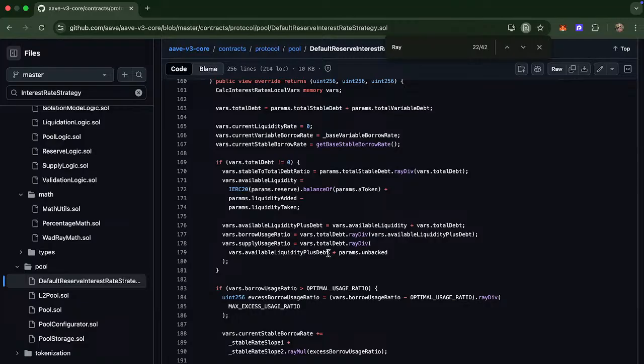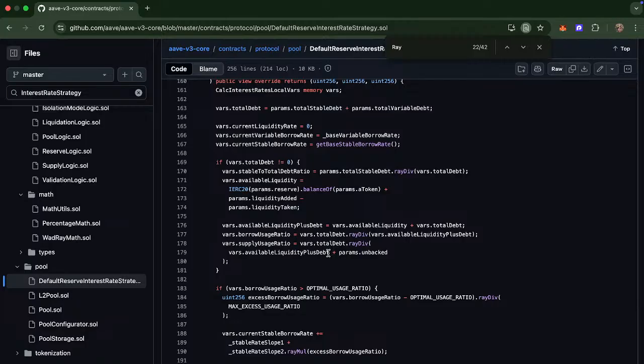Total stable debt token, total variable debt token. We have got total tokens, total debt, and if total debt isn't equal to 0, then we are going to proceed. Total stable to total debt ratio. So stable, total stable debt. We are dividing by total debt.